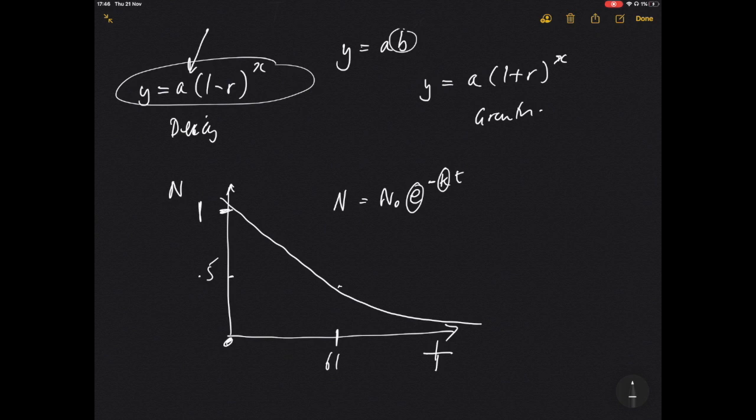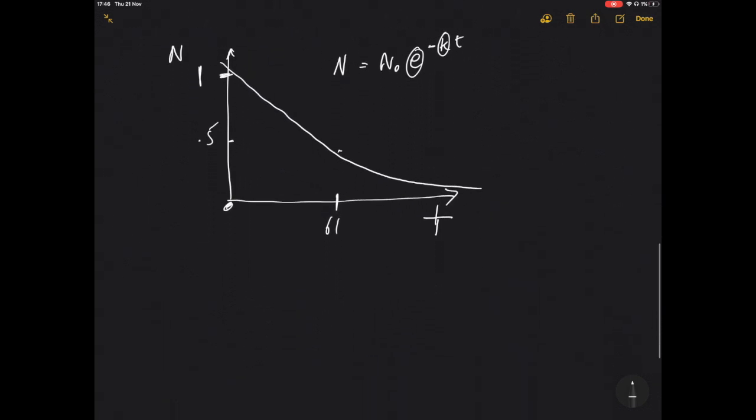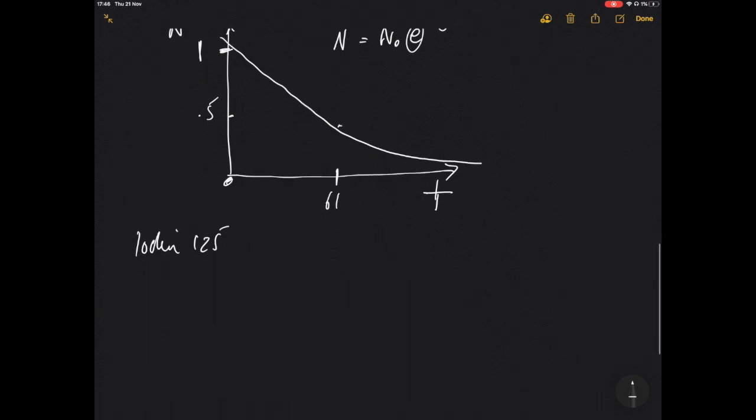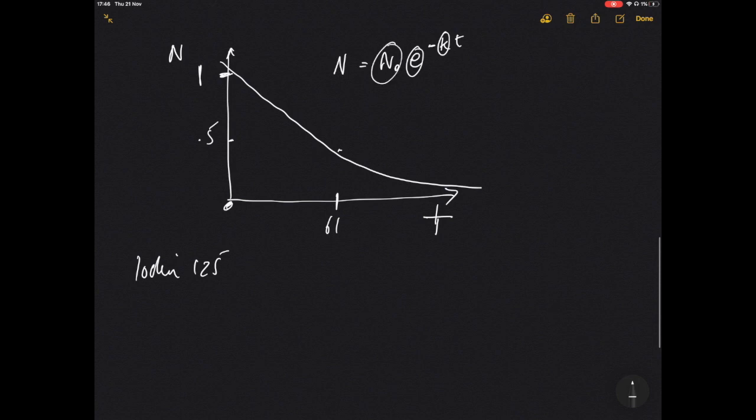So let's put some real numbers onto this. If we have something like the example we've been given here, we originally have 125 atoms, so it's iodine-125. So our initial information here would be 125.